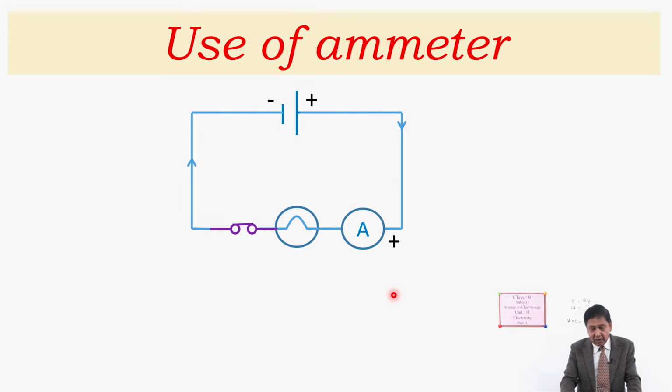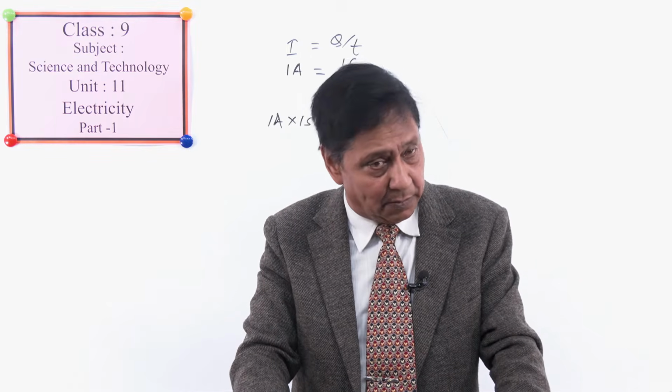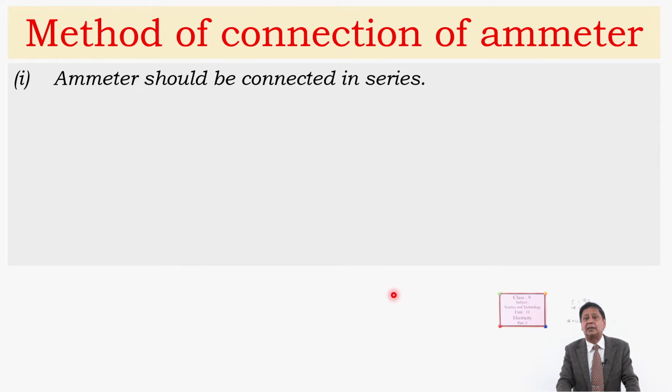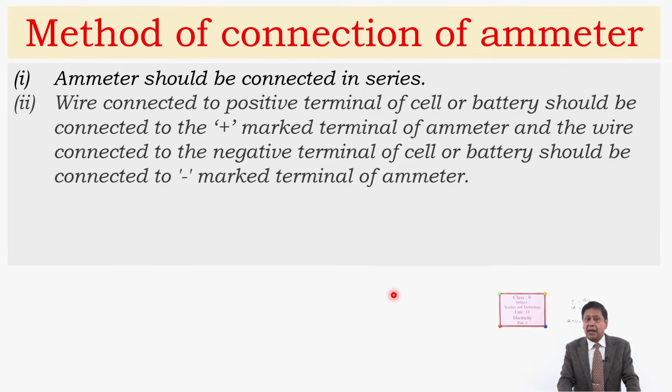Okay, now I want to mention some points which we should take care of while measuring current. Number one, the ammeter should be connected in series. How it is possible, I told you just now. And the wire connected to the positive terminal of the cell or battery should be connected to the plus marked terminal of the ammeter, and the wire connected to the negative terminal of the cell or battery should be connected to the minus marked terminal of the ammeter.